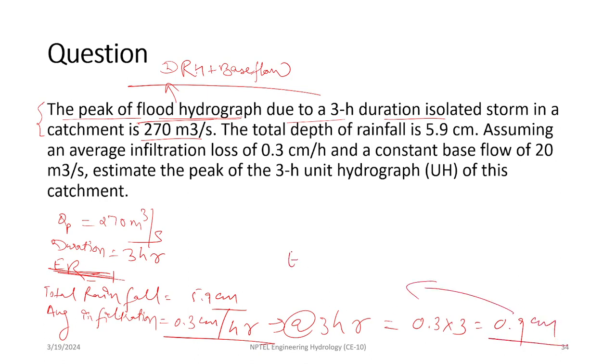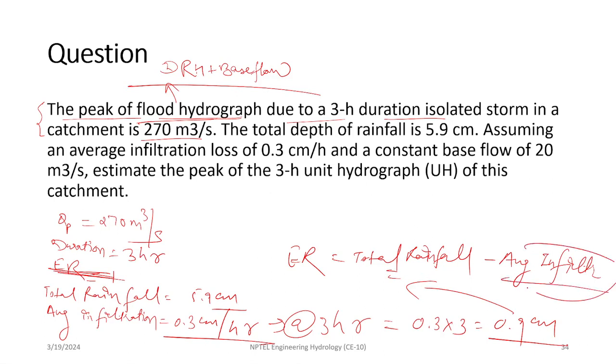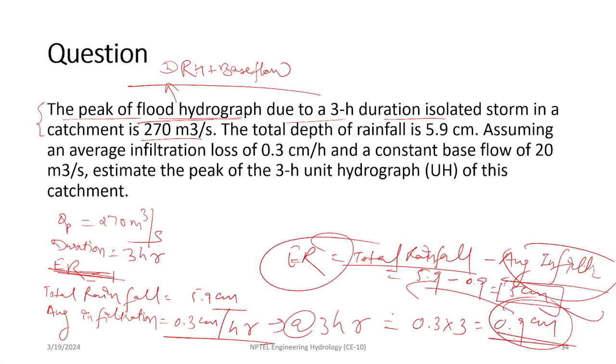Effective rainfall, ER, will be total rainfall minus average infiltration. Total rainfall was 5.9, so 5.9 minus 0.9 comes to 5 centimeters. So ER was 5 centimeters.